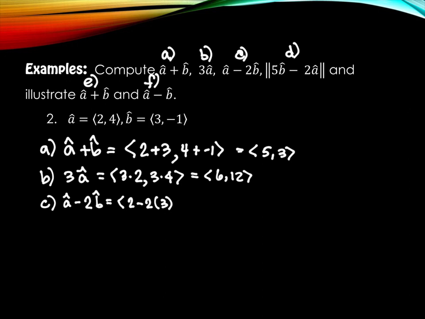Okay, so I did the x ones first. Does everybody see? We got the x value of the vector a minus 2 times the x value of the vector b, and then we do the same thing with the y values. So the y value of a, which is 4, minus 2 times the y value of b, which is negative 1.